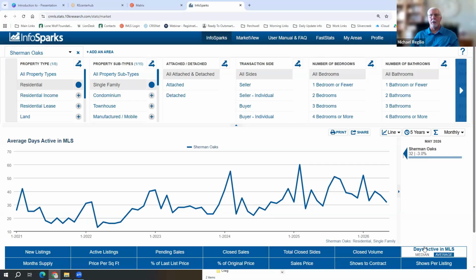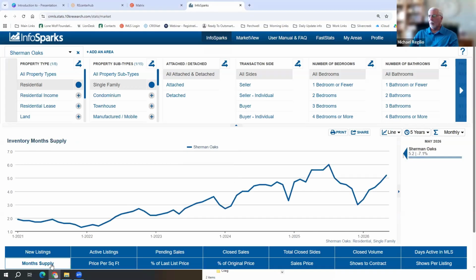So this is how many days it was truly active and available for showings to buyers before a buyer went ahead, wrote an offer, and bought the property. That's why it says days active in the MLS now versus days on market.